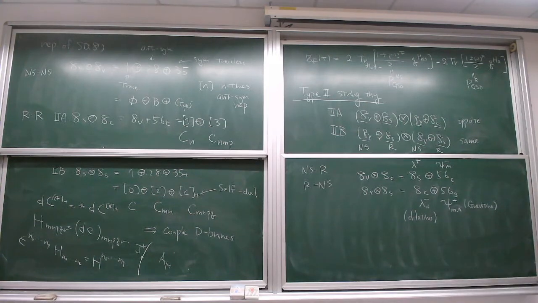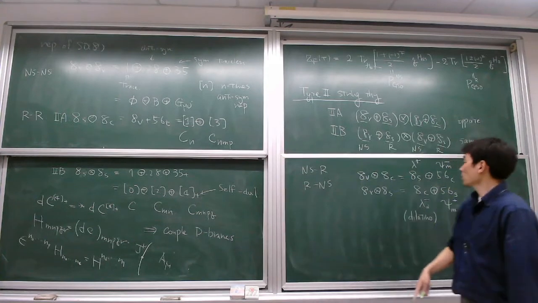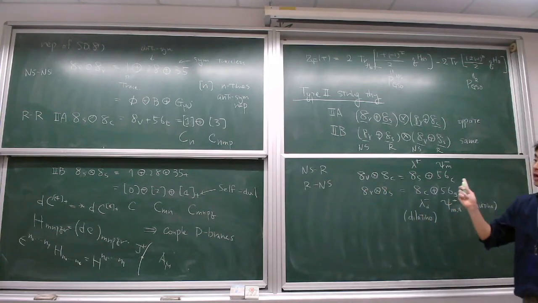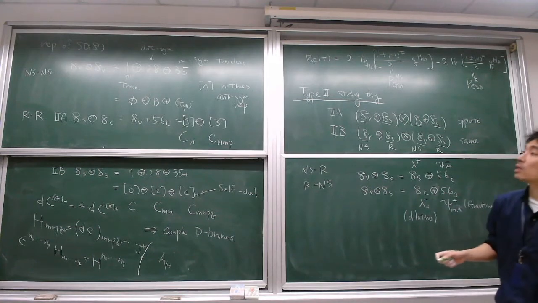Okay, so that's how we obtained the mass spectrum of type 2A and type 2B theory. And I have written down the table in the lecture note showing how this spectrum looks. If you count the bosonic degrees of freedom here, and the fermionic degrees of freedom here, supersymmetry requires the number of bosonic modes and fermionic modes to be the same. Let's do that.